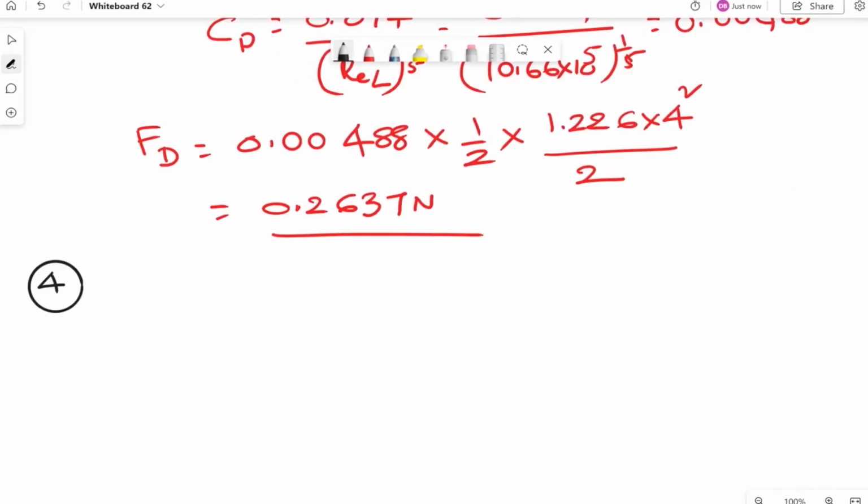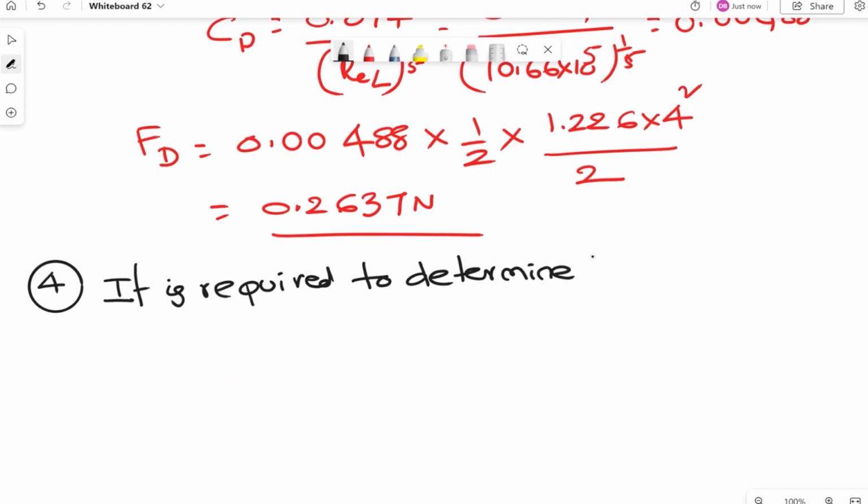Now you see how I will do it when both are combined. Please read the problem carefully. It is required to determine the friction drag of a submarine.